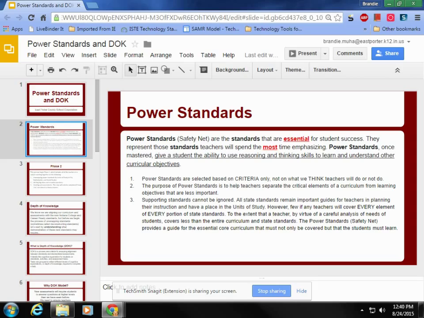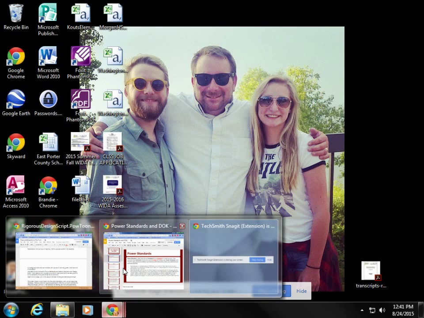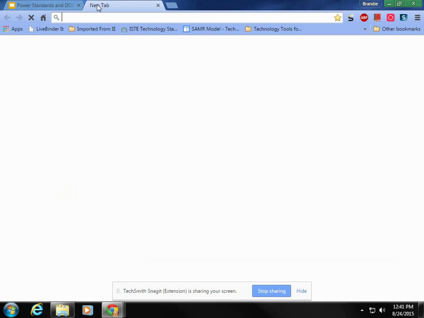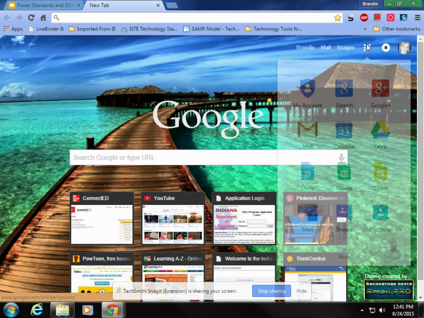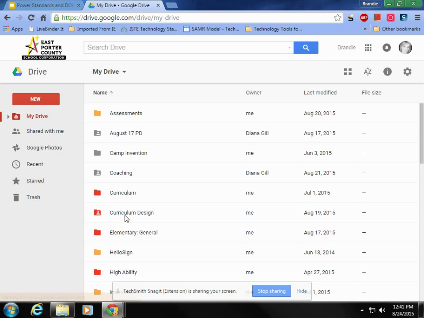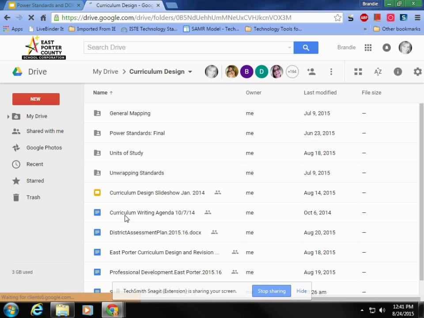Let's take a look at where the power standards are located in the curriculum design folder. I'm going to go into my drive, and go into the curriculum design folder.